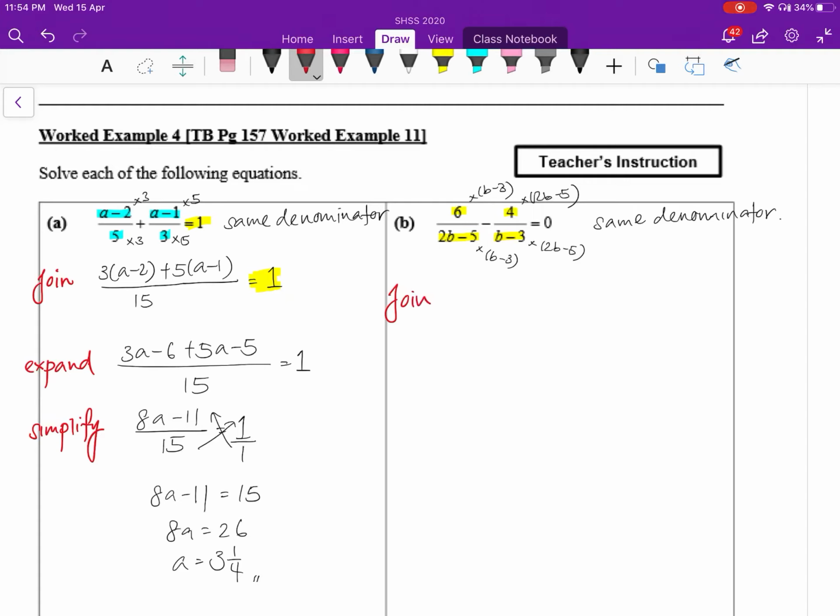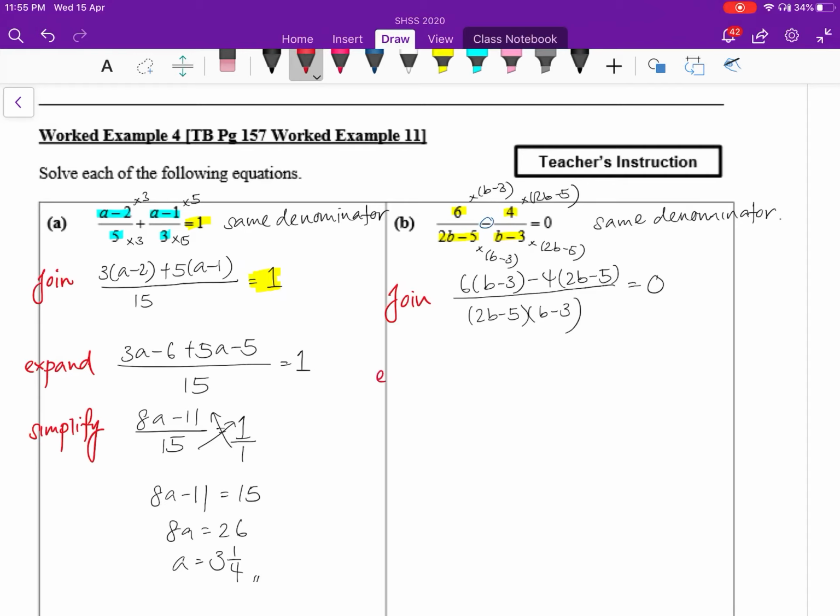So I'm going to join them together. Same denominator, I just directly join them together. It will be 2b minus 5, b minus 3. Numerator, don't expand first. Very dangerous because there's this minus sign over here. You want to avoid careless mistakes. So it will be 6b minus 3 minus 4 times 2b minus 5. Not forgetting equals 0.